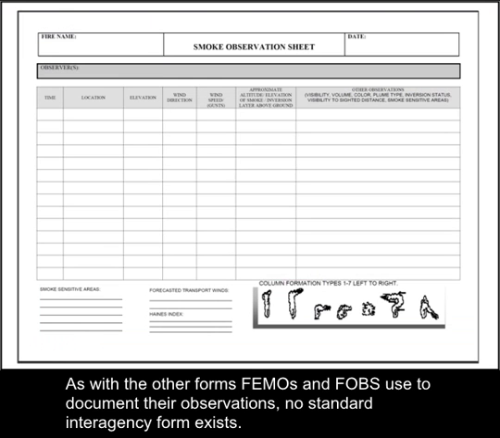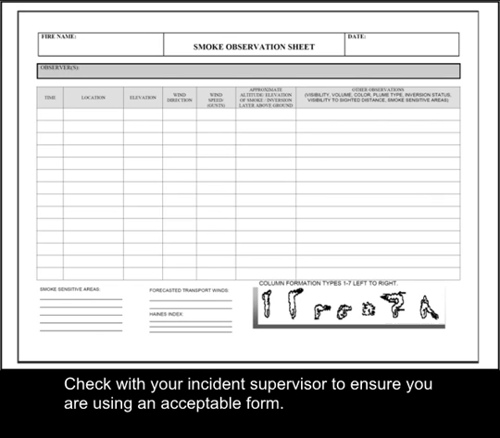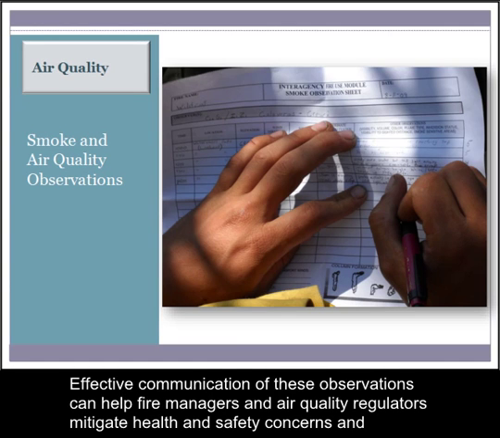As with the other forms FEMOs and FOBs use to document their observations, no standard interagency form exists. Air quality regulators may have specific smoke observation forms to be used in their area. Check with your incident supervisor to ensure you are using an acceptable form. Communicate any required information to air quality regulators through your supervisor.